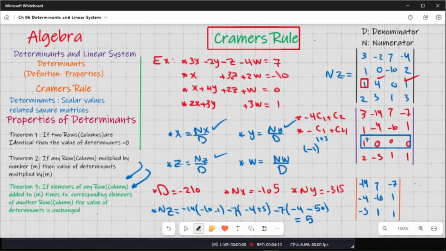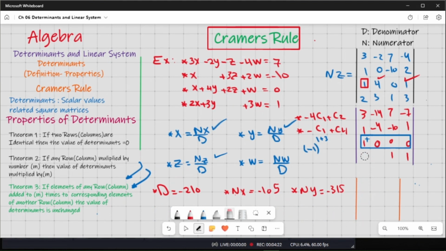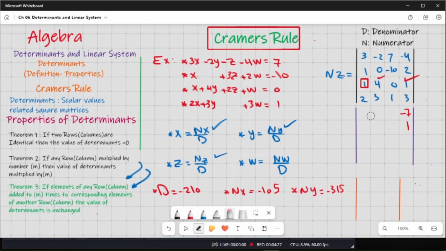So this will be equal to 525. Okay, and this is the value of nz. So just we have to clear that and move to nw, the last one.